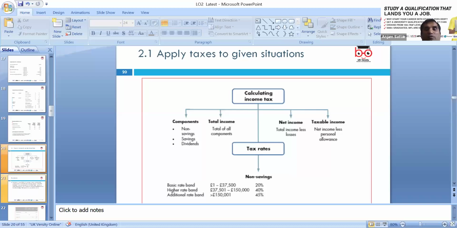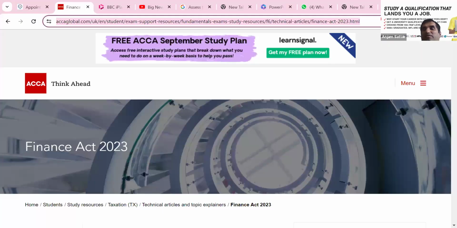So we can look around the given situation first, and we can look around some rates, how we can apply them. I shared the link with you in the past as well. I shared the document with you on how we can apply the rates. And I'll go through the example within our slide as well.